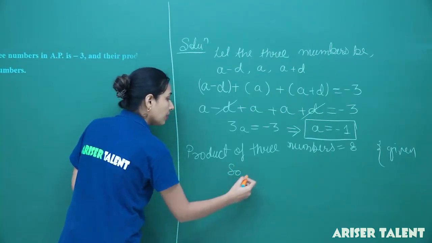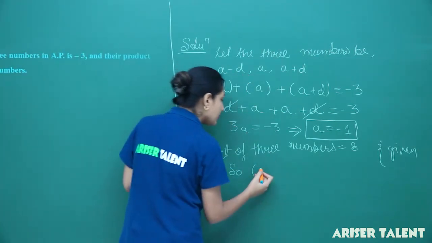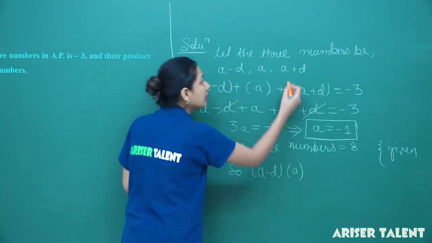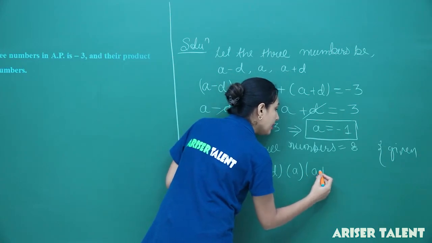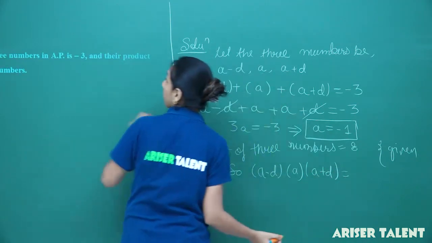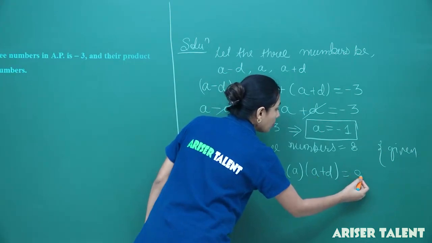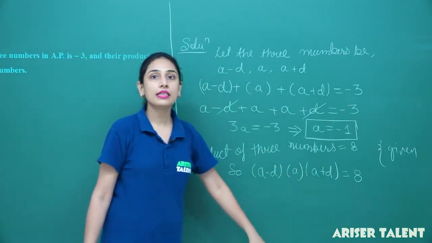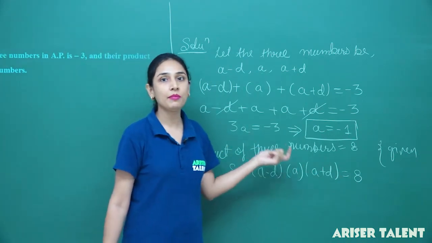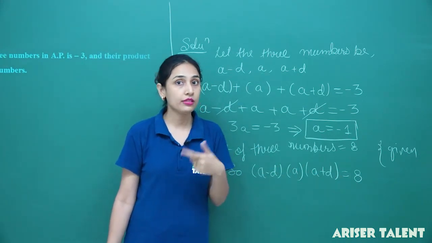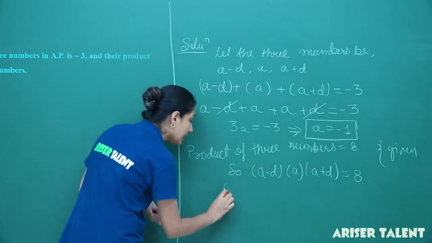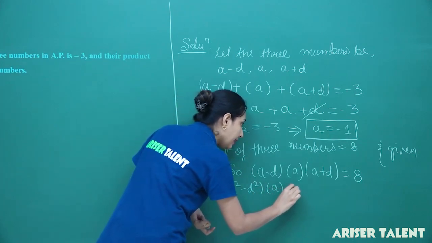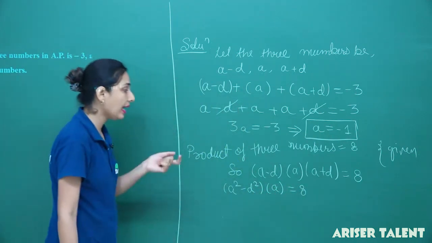So first term A minus D, second term A, and third term A plus D equals 8. Now A minus D times A plus D is the same formula as A plus B times A minus B, which equals A square minus B square. So you can easily write it as A square minus D square, multiplied by A, equals 8.